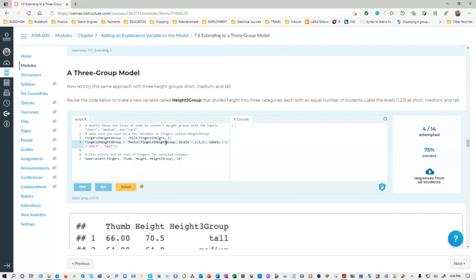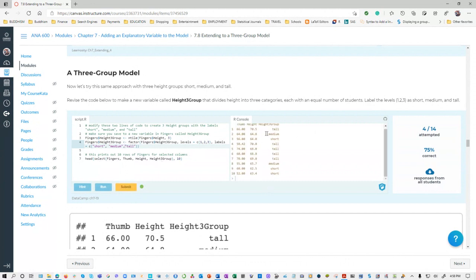By default they give 1, 2, 3, but we don't need that. 1, 2, 3 should be labeled short, medium, and tall. Then we write this and see what you get.